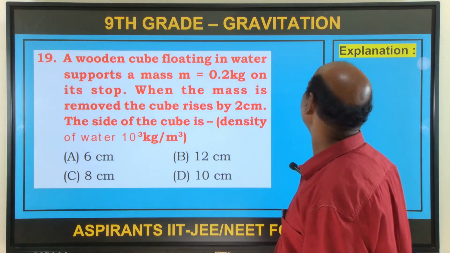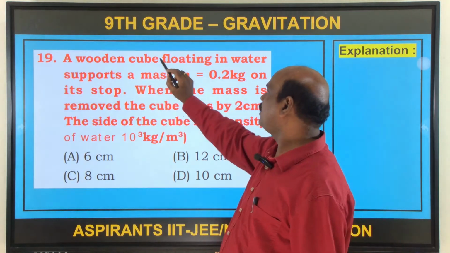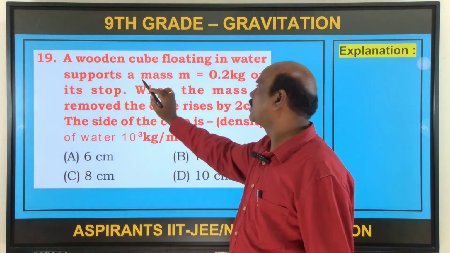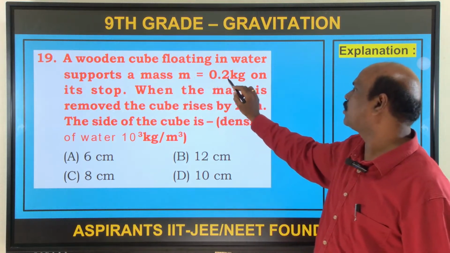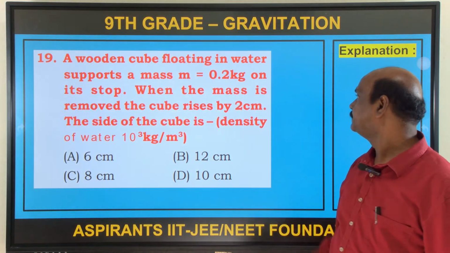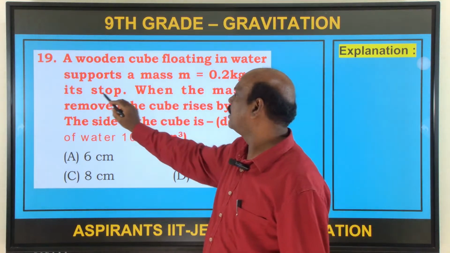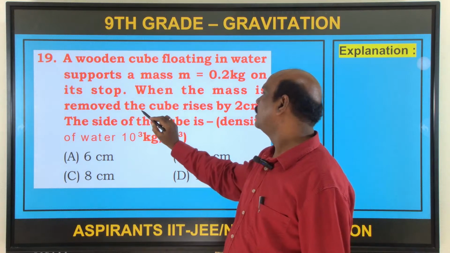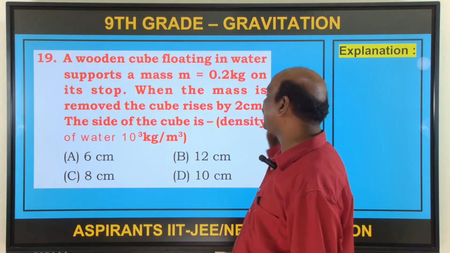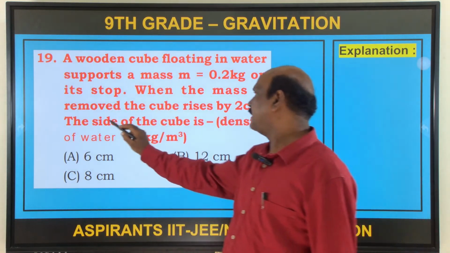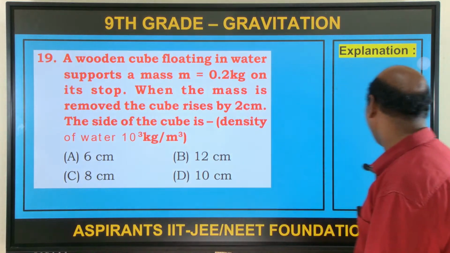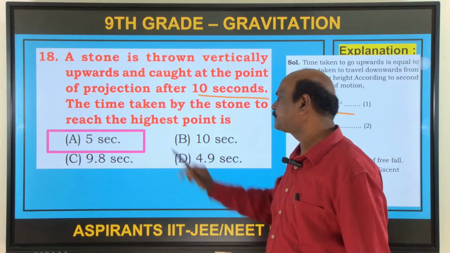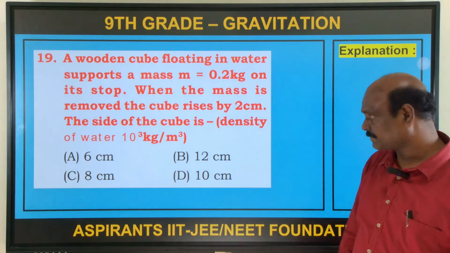Next, a wooden cube floating in water supports a mass m equal to 0.2 kilograms on its top. When the mass is removed, the cube rises by 2 centimeters. The side of the cube is? So the density of the water is taken into consideration.